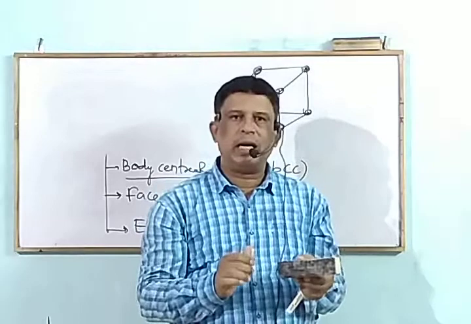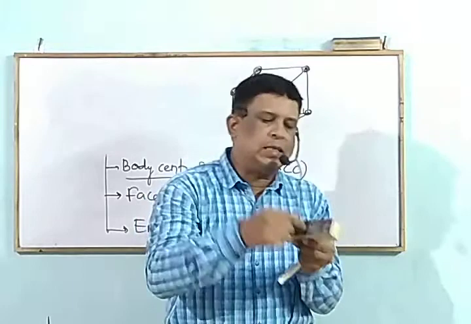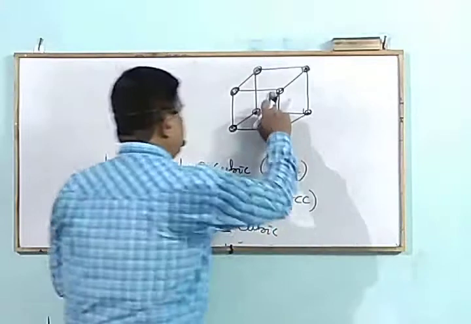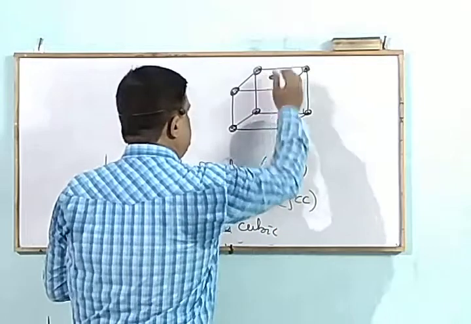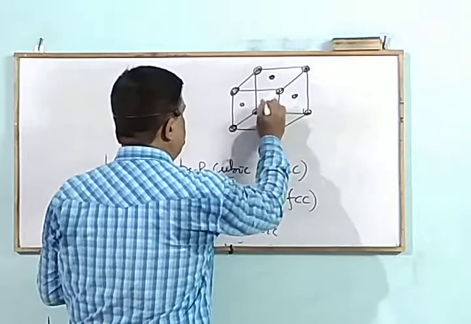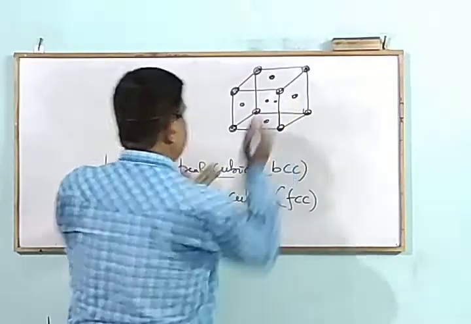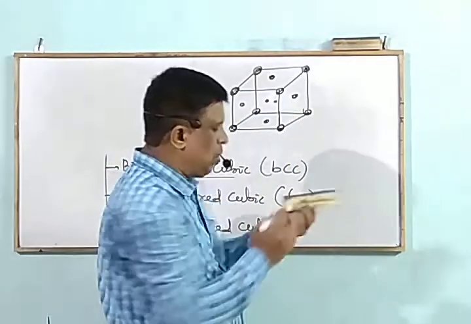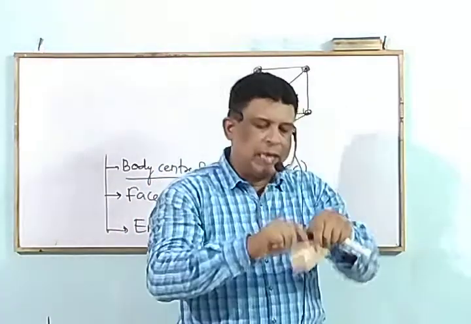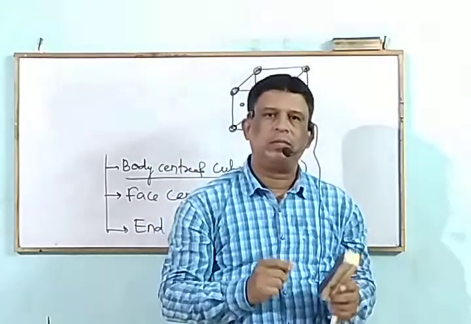So in addition to the 8 corners, if another one atom is there at the center of each face, that means one atom at the center of this face, then 2, 3, 4, 5 and 6. In addition to the 8 corners, if another atom is present at the center of each face, then it is known as face centered cubic.